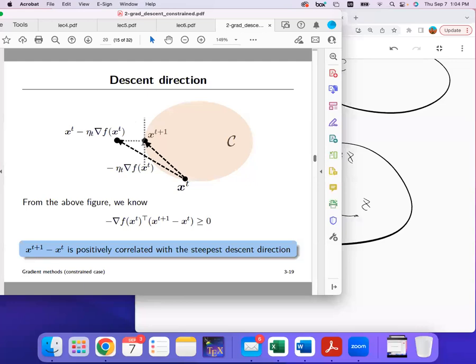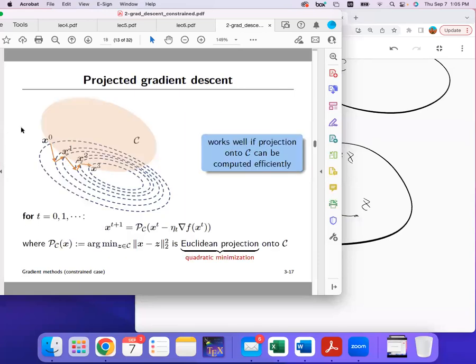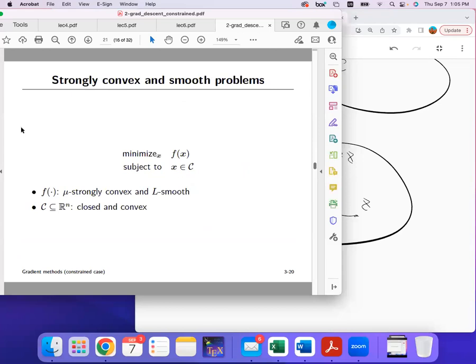Yeah, and so this is the illustration figure. Next we will look at the convergence guarantee for this projected gradient method. But to simplify the discussion, let's first look at strongly convex and smooth problems.